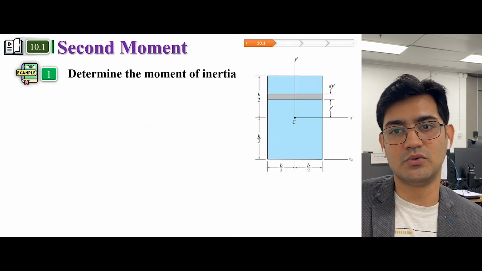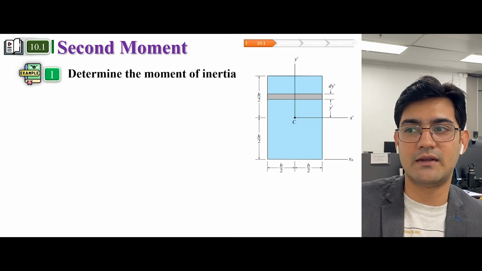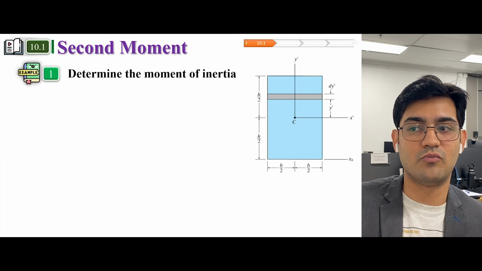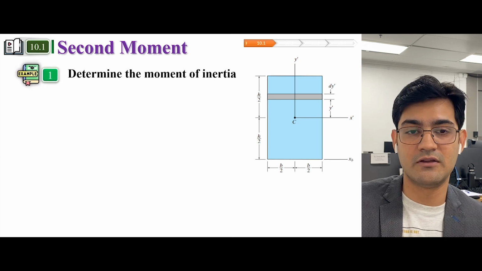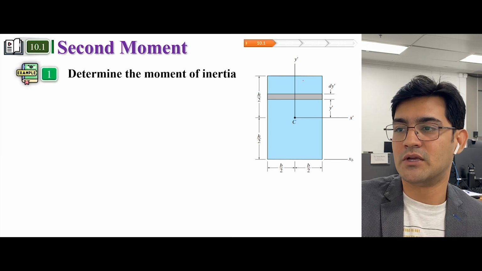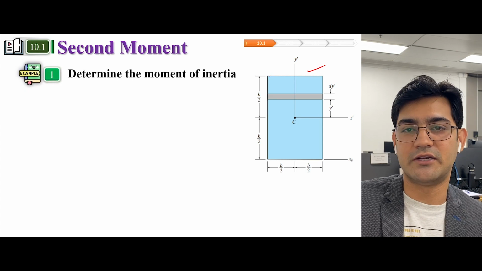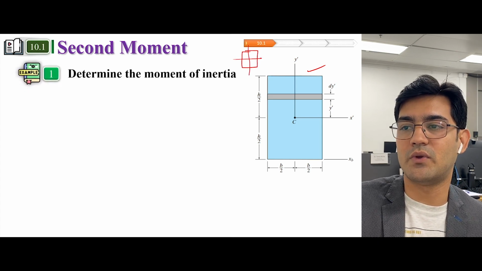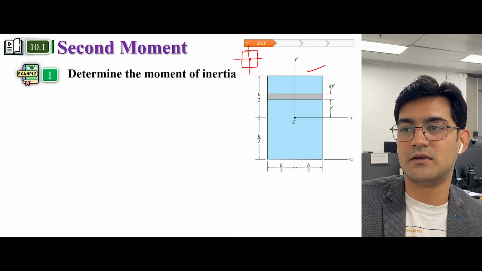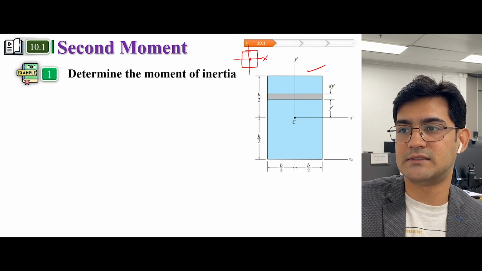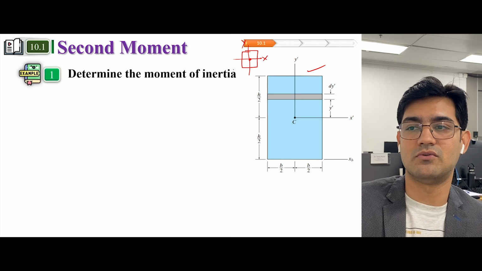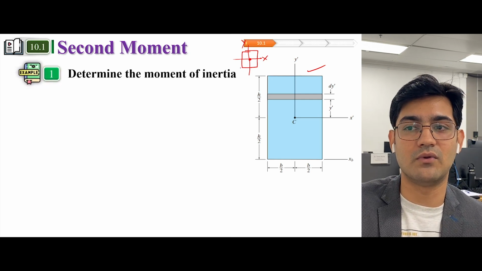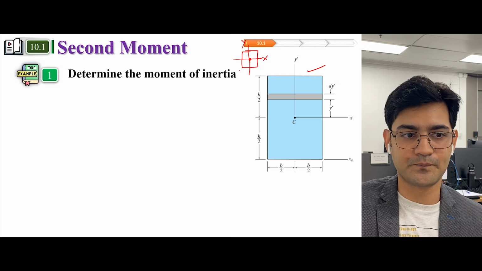Now let us do one example to calculate how we can determine this second moment of area, or moment of inertia, of different geometrical shapes. This is one of the geometrical shapes, a square, and we know the centroid of the square is somewhere in the middle, with this the x-axis and this the y-axis. In this example, we are going to calculate the moment of inertia.